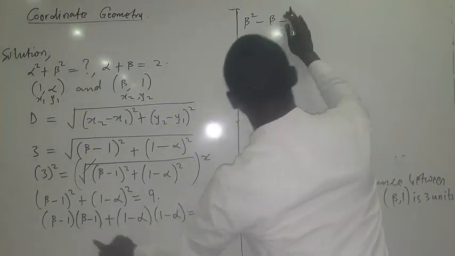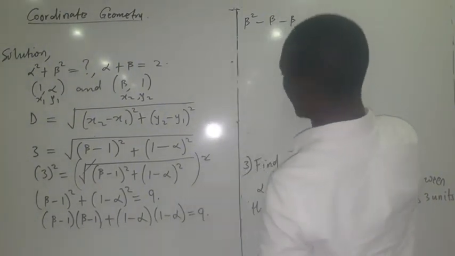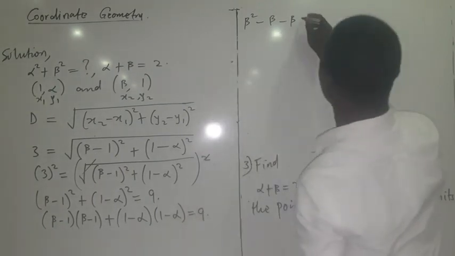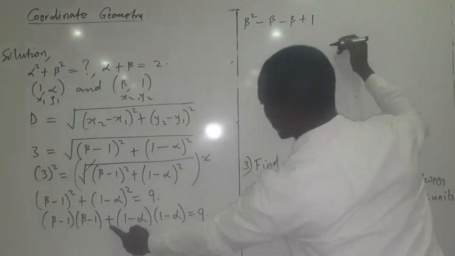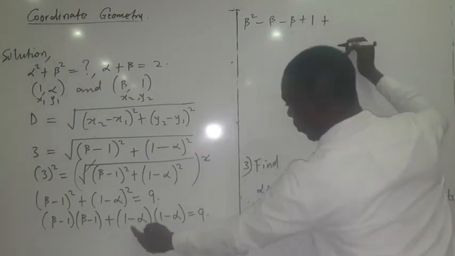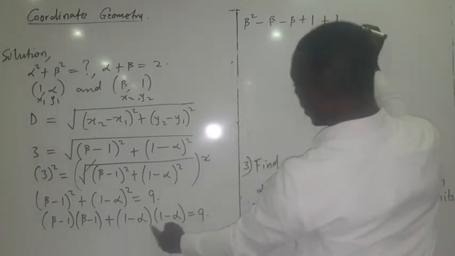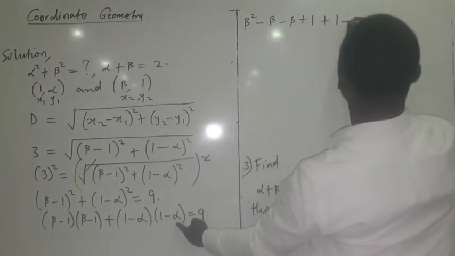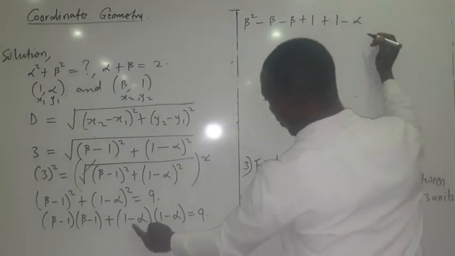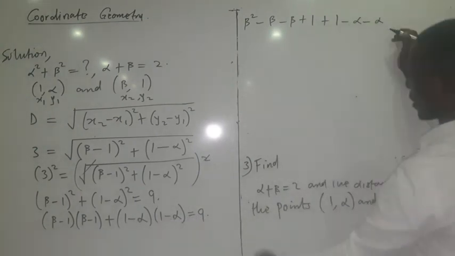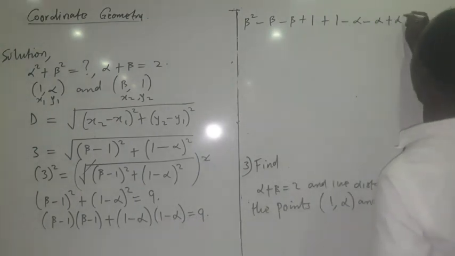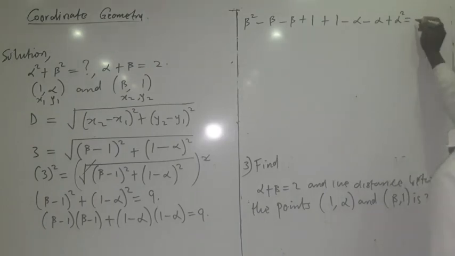Then minus 1 times beta, that's minus beta. Then minus 1 times minus 1, that's plus 1. So we are done with the first bracket. Then plus 1 multiplied by 1, that is 1. 1 multiplied by minus alpha, that's minus alpha. Minus alpha times 1, minus alpha. Then minus alpha times minus alpha, plus alpha squared, equals 9.